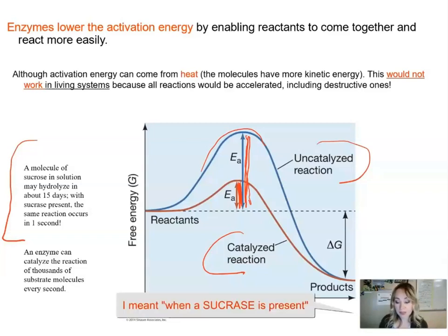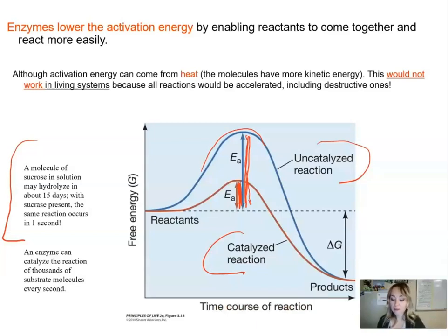But when the enzyme sucrase is present, the same reaction happens in 1 second. Wow, so you can see how they actually speed up chemical reactions, and again, they do so by lowering that activation energy required. After all, in biological systems, we depend on enzymes. We would not want to depend on heat to initiate those chemical reactions, because not only would all these reactions be accelerated, but remember the destructive ones would also be accelerated.